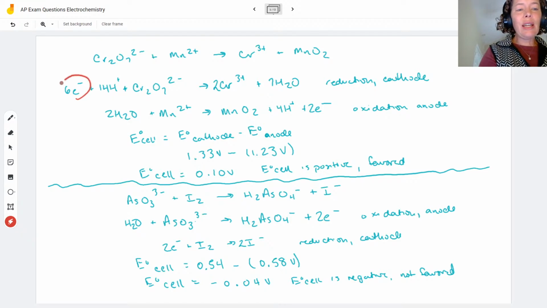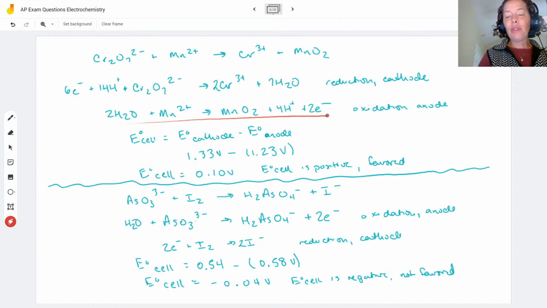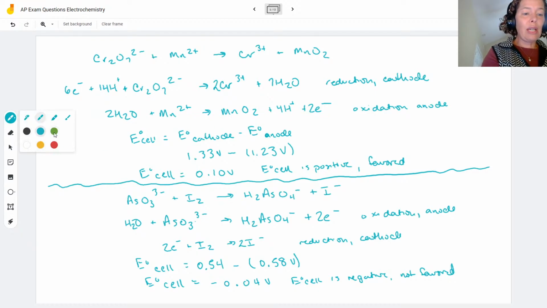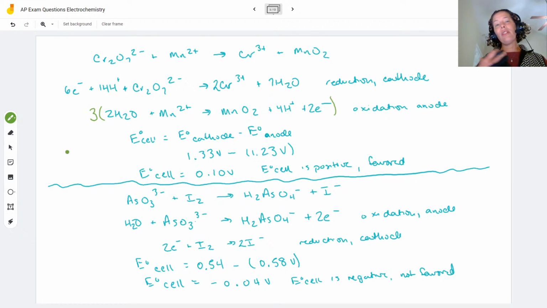But you'll see that here you're transferring 6 electrons and here you're transferring 2. So if you were to create a balanced redox equation, you would have to multiply this one by 3 to make sure that your electrons canceled. So this is where I'm getting my n equals 6 from.